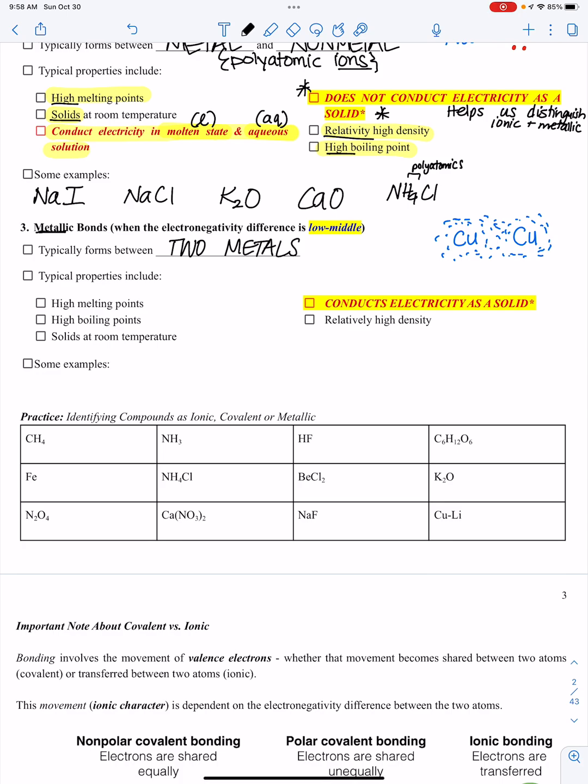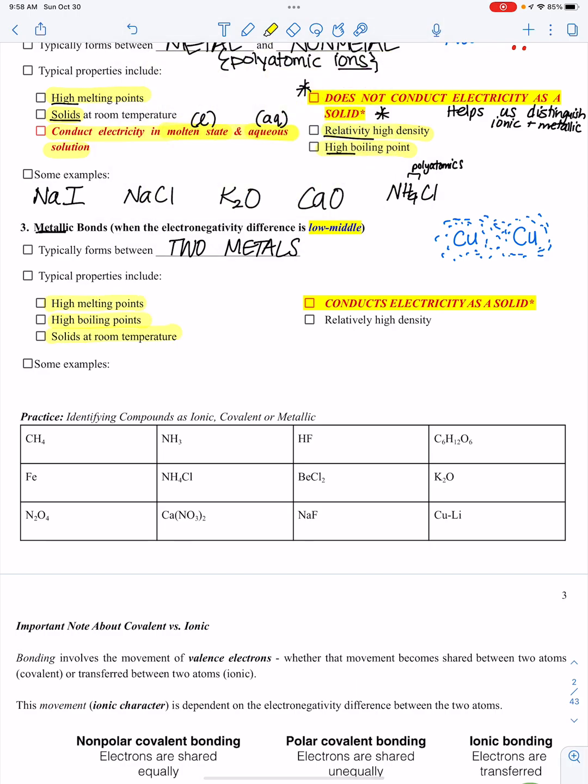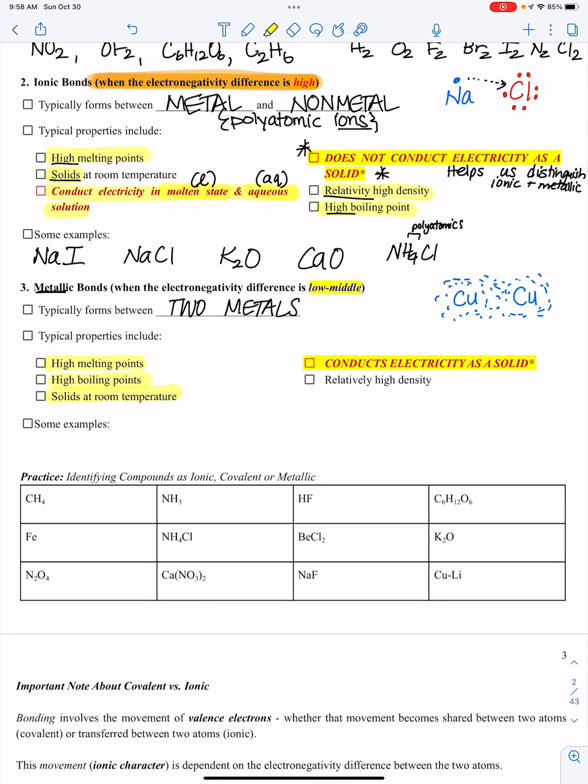Okay, typical properties: high melting points, high boiling points, solid. Oh no, how am I going to compare this to ionic? Because it's very similar. Relatively high density. How am I going to compare this? This one right here: it conducts electricity as a solid. Metallic substances conduct electricity as a solid and molten. So that's nice and easy.